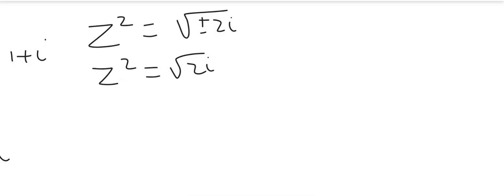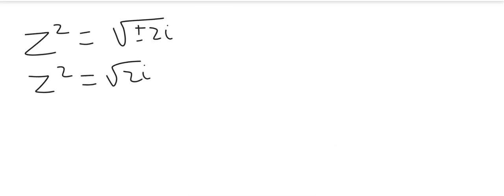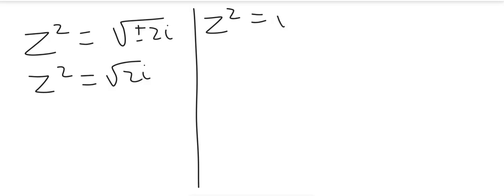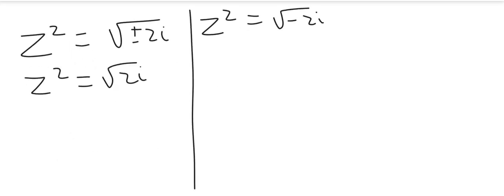The next part I'm going to is where you have z squared equal to the square root of minus 2i. I want to get the other two values of z.